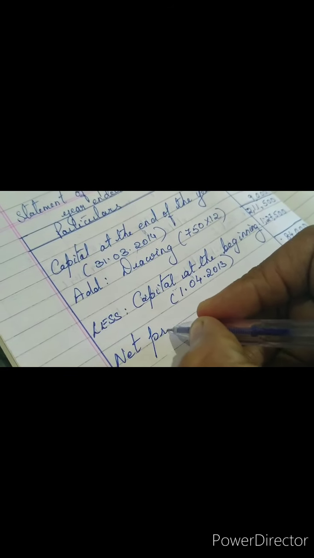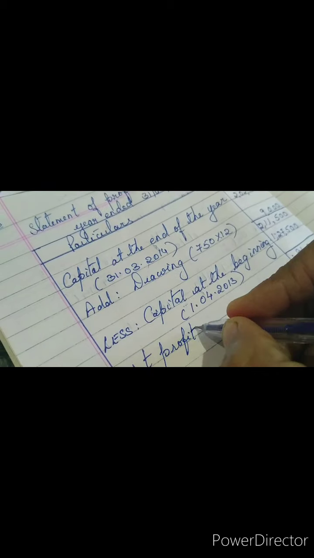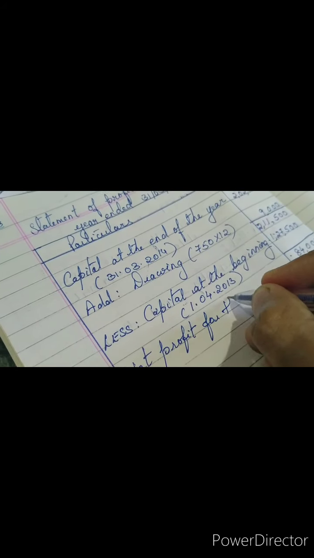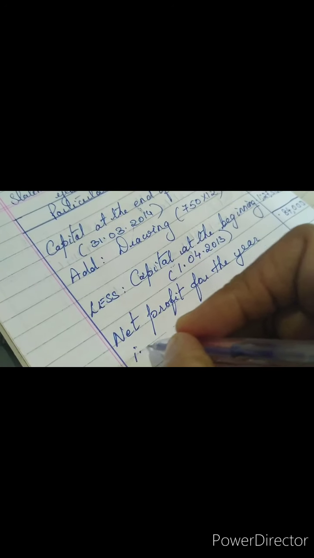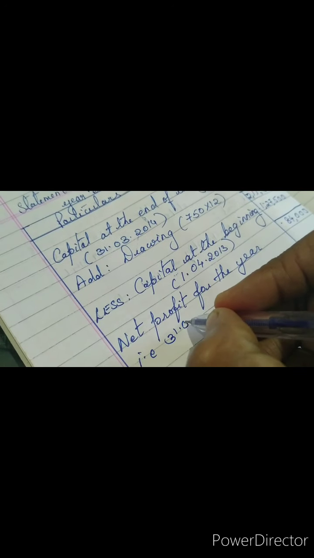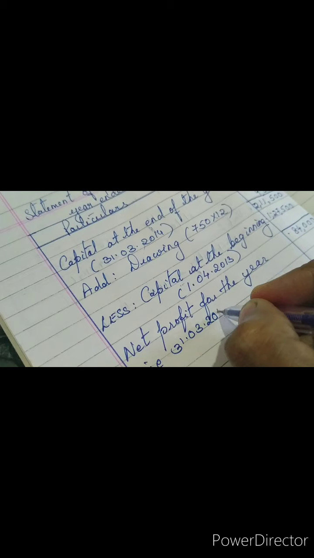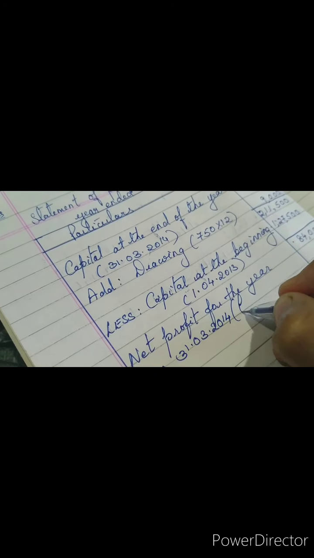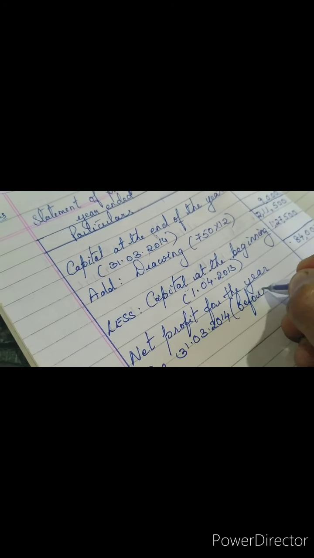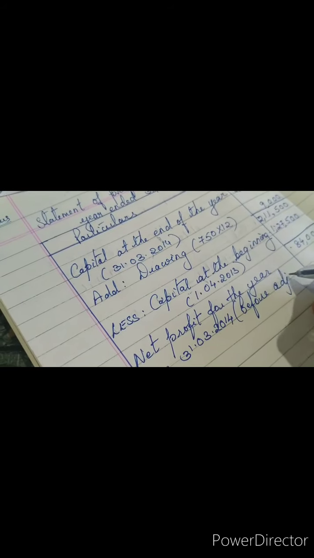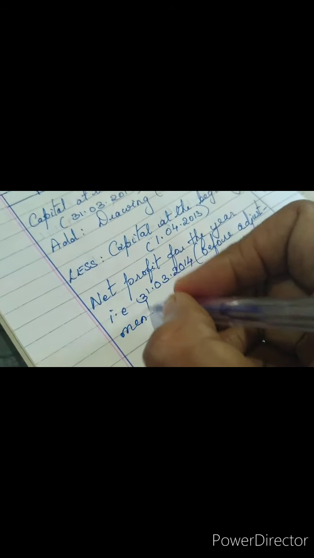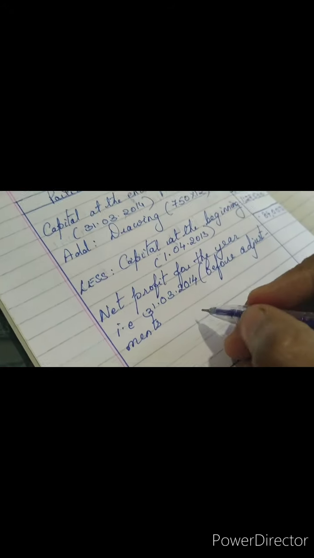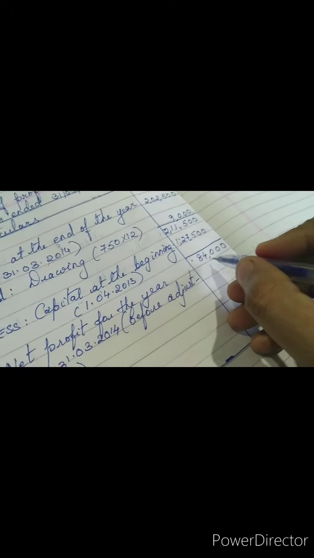So we'll write net profit for the year ended 31st March 2014. Within brackets, just mention clearly this profit is before the adjustments were done. Okay, so that is 84,000.